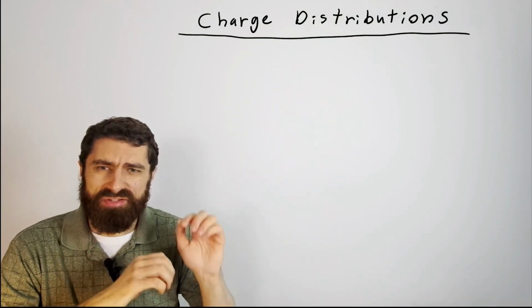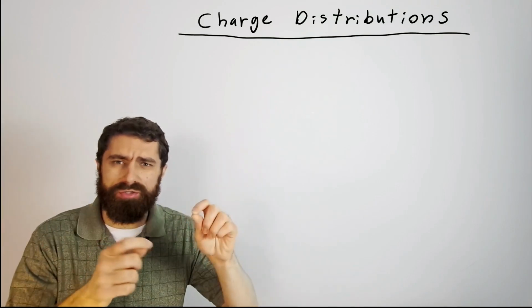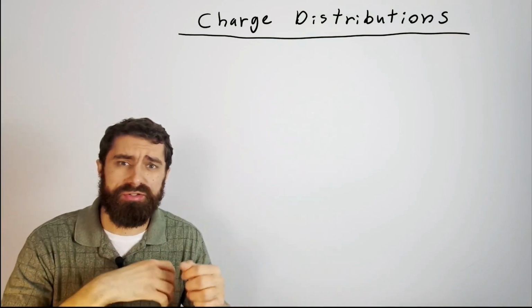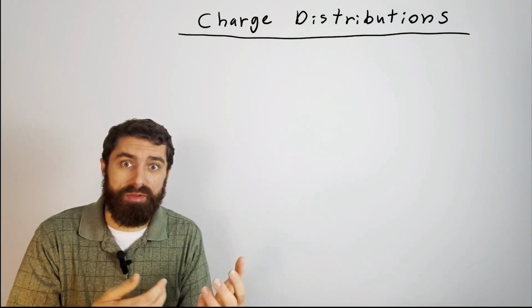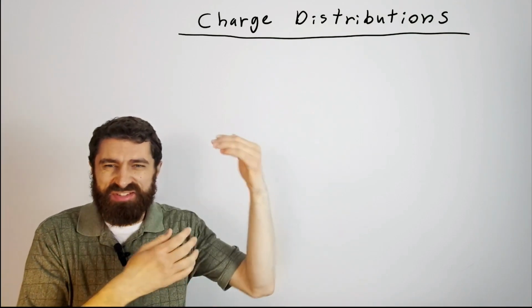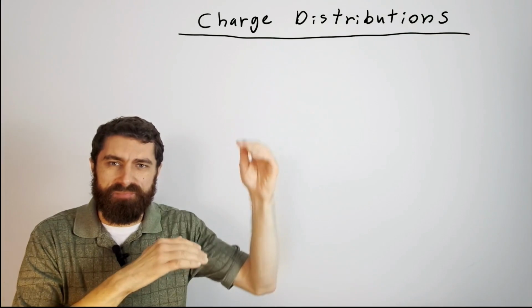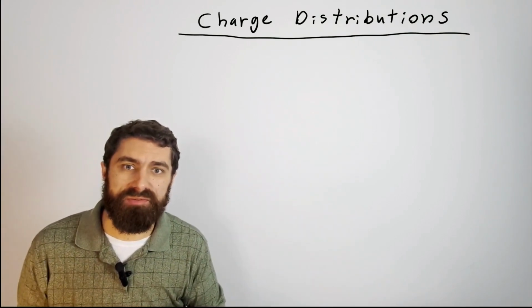The process I showed you, with all these different point charges and adding up all their contributions, will allow you to solve any electrostatics problem. What I'm about to show you is the same approach, but involving this concept of charge distributions.